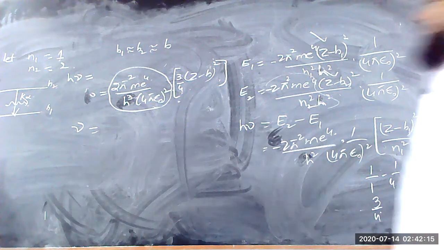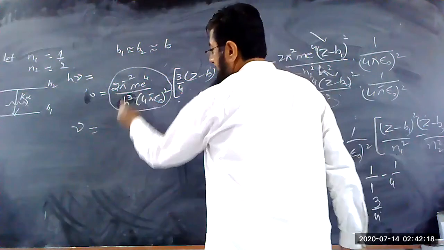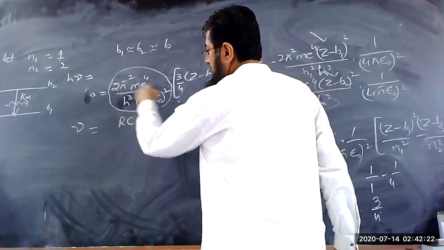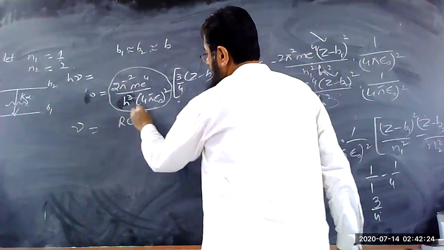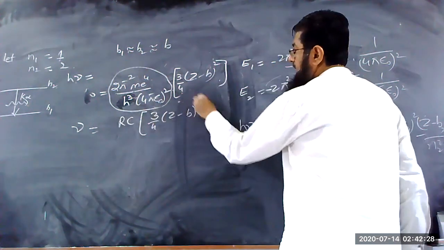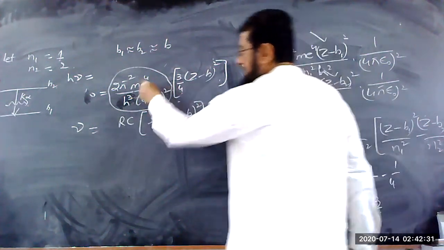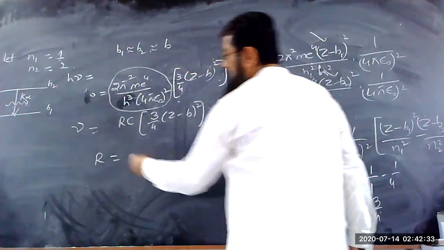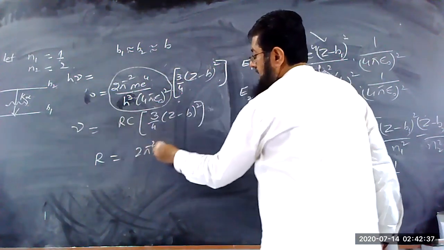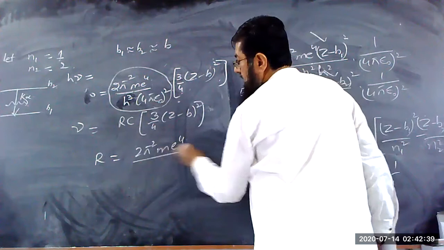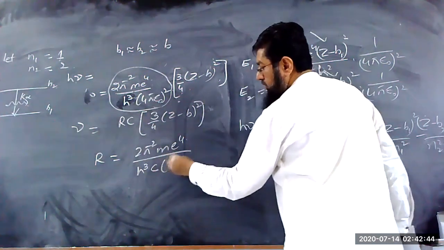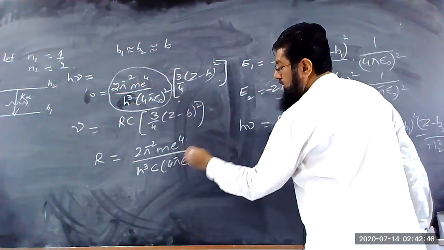So this can be written as R into c into 3 by 4 Z minus B square, because R, which we call the Rydberg constant, is equal to 2 pi square m e raised to power 4 divided by h cube into c, 4 pi epsilon naught whole square.